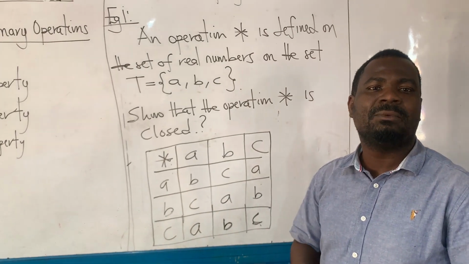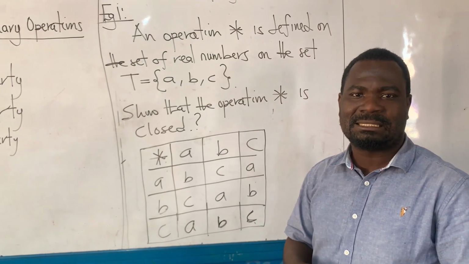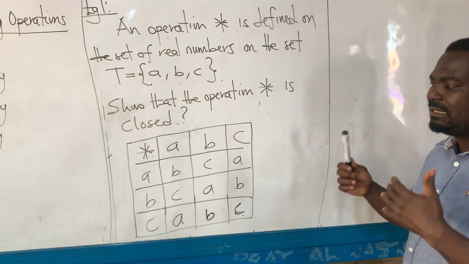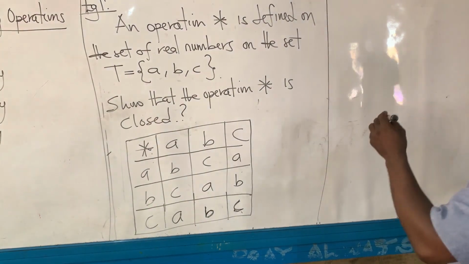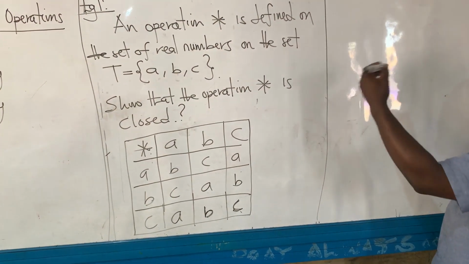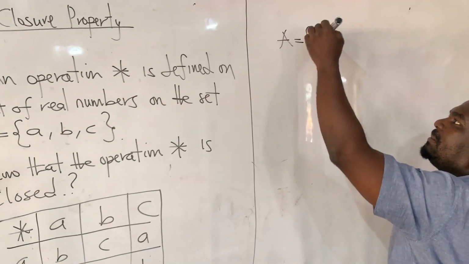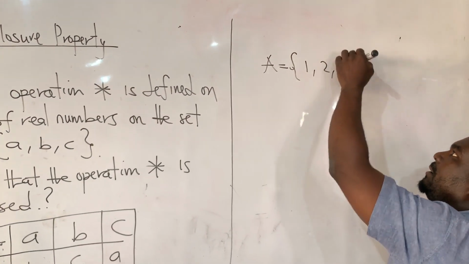Then we need to understand what a closed property is. We need to understand what a closure property is all about. Watch here, I'm giving a scenario. You are given a set A, and its possible members are 1, 2, 3, 4, 5.